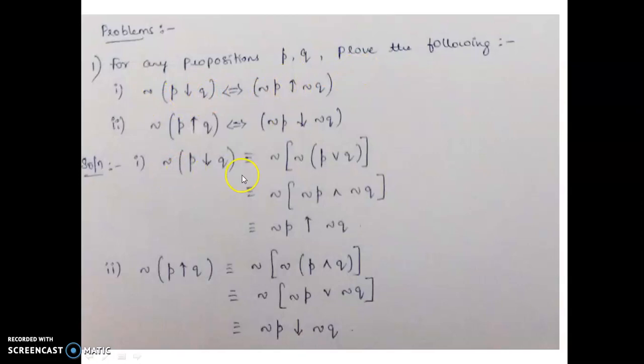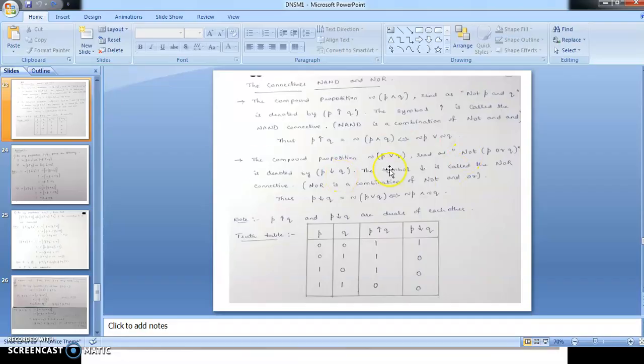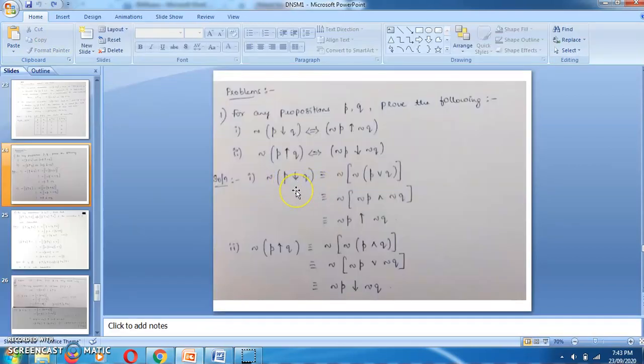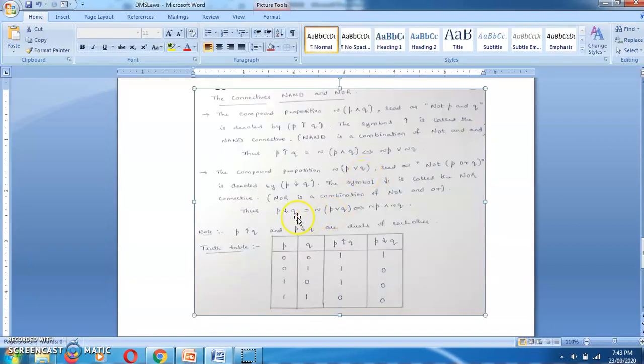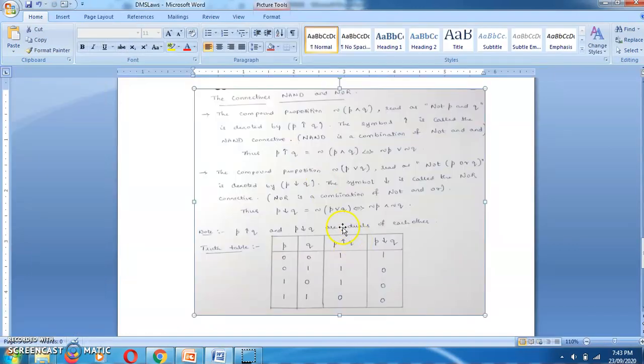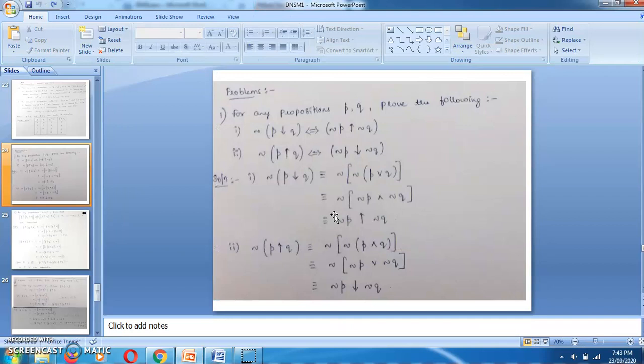First let us take negation of P NOR Q. Negation is applied on this, and P NOR Q can be written as negation of P or Q. So why double negation here?